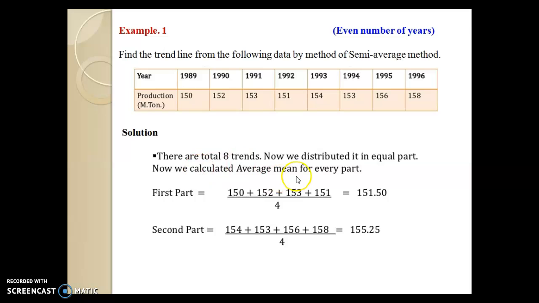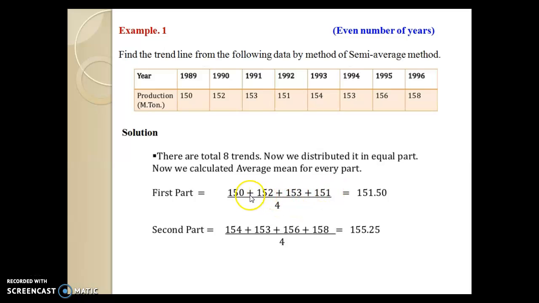Now the calculation of mean averages for every part. That is the first one, the production 150, 152 and 153, and last 151. This is the first part divided by 4 because of the 4 years.